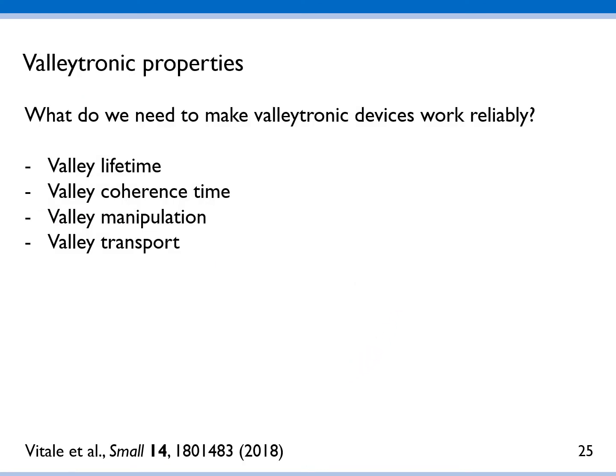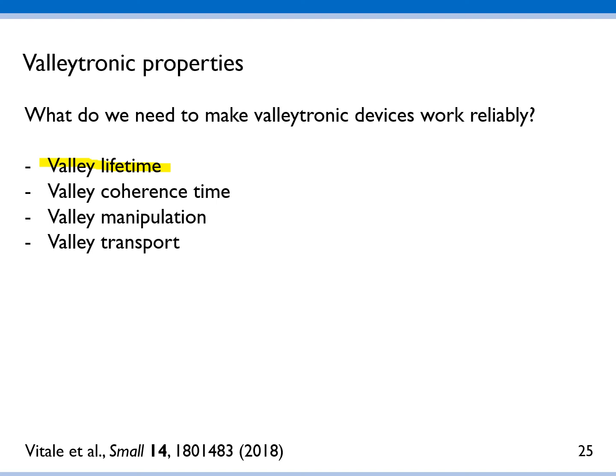The question is, to make these devices work reliably, what are the ingredients that we need? The ingredients or Valleytronic properties are listed here. So let's start with the first. The Valley lifetime is the property that tells us for how long Valley information will be intact.